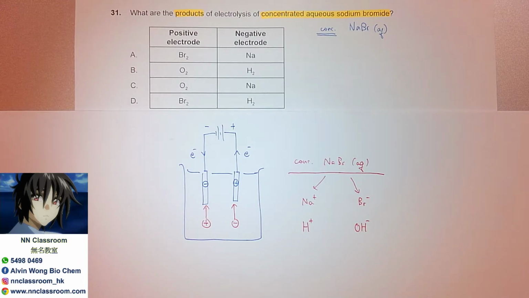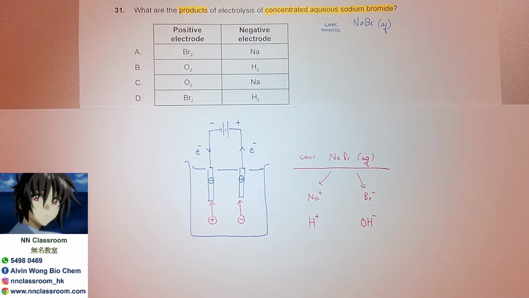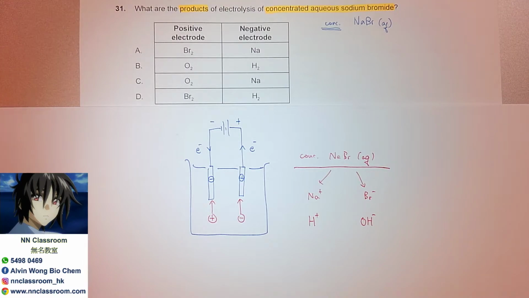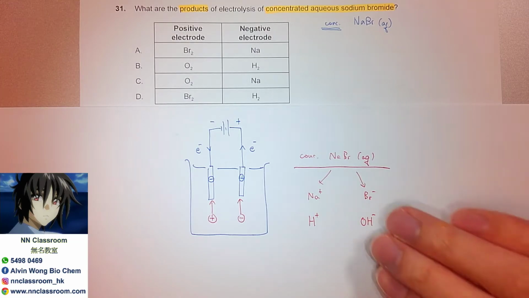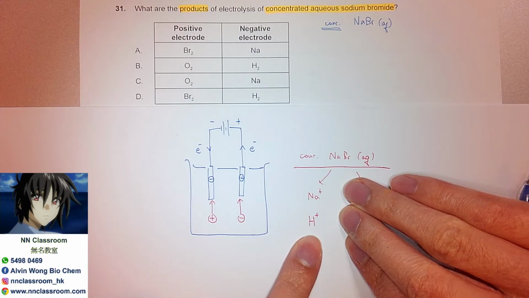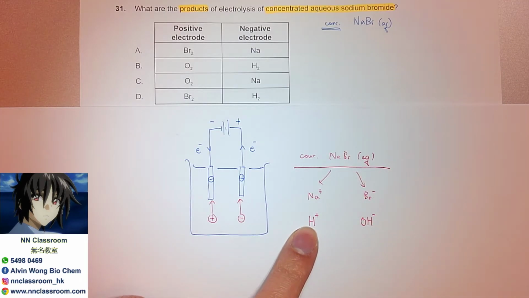So now we have two ions competing with each other. That's why we need to think of the chances, or the preferential discharge position, for each of them. Remember, we have three factors to consider. The first factor is considered using the electrochemical series, basically comparing the strength. In terms of the strength factor, it is useful this time to compare the H+ and the Na+.